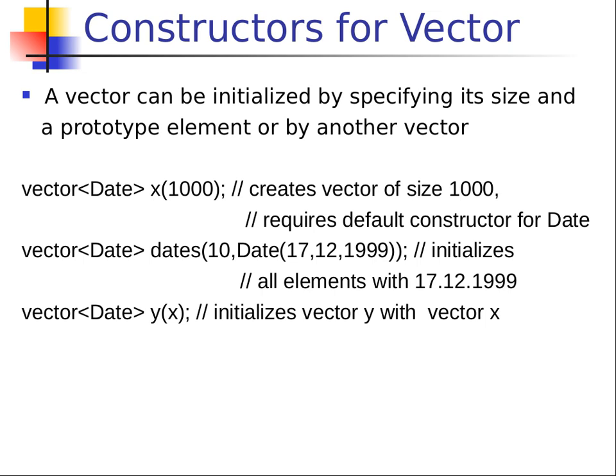So you can specify how these ones are created. Later on, initialize vector y with vector x, aka the copy constructor that we've been implementing. So they've implemented the copy constructor just like we have done it. So if you ever need to create a copy of a vector, it's pretty straightforward. Everyone good with this?